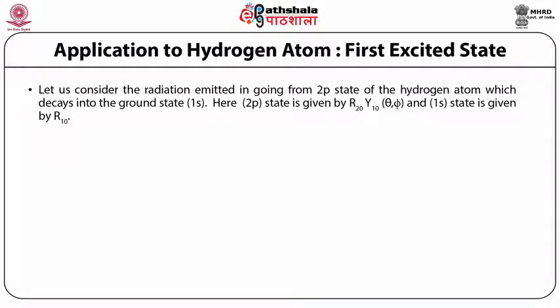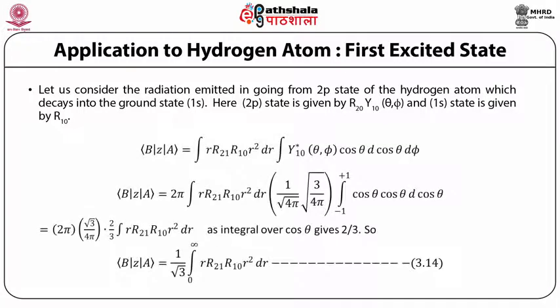So, the matrix element of z between B and A can be written as the integral of small r into radial function R_21, radial function R_10, into small r squared dr, and then the integral over d cos theta and d phi of Y_10 star cosine theta.